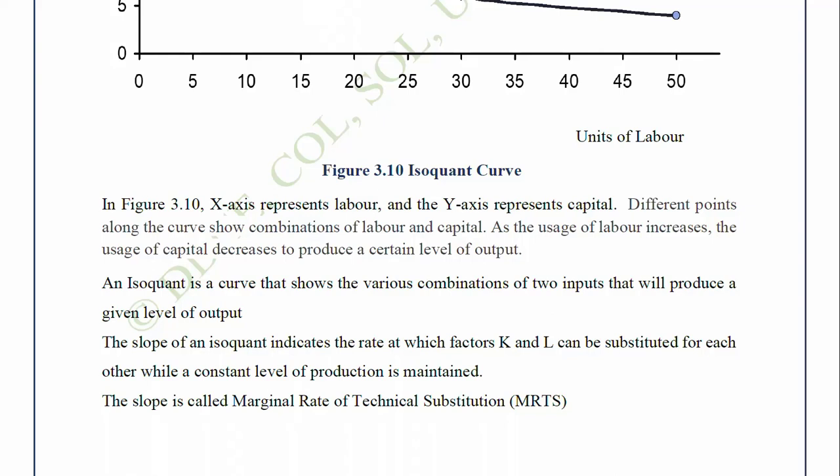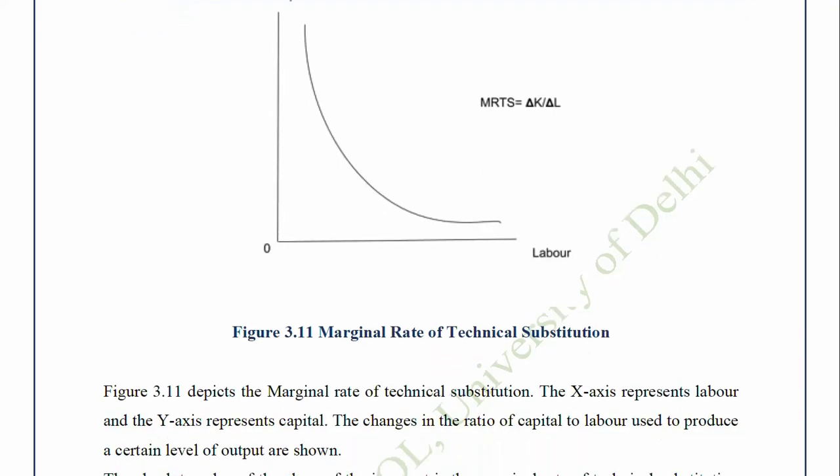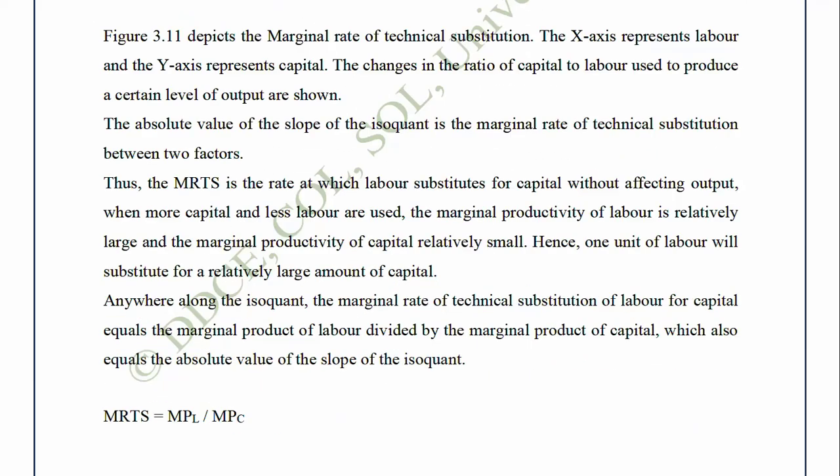The slope is called the marginal rate of technical substitution. Figure 3.11 depicts the marginal rate of technical substitution. The x-axis represents labor and the y-axis represents capital. The changes in the ratio of capital to labor used to produce a certain level of output are shown.